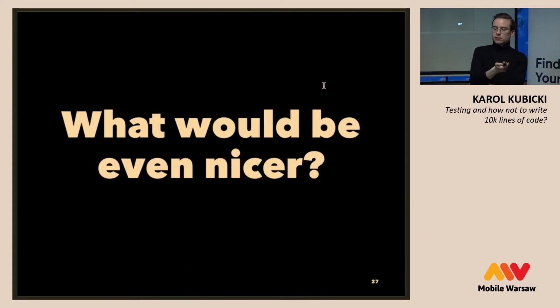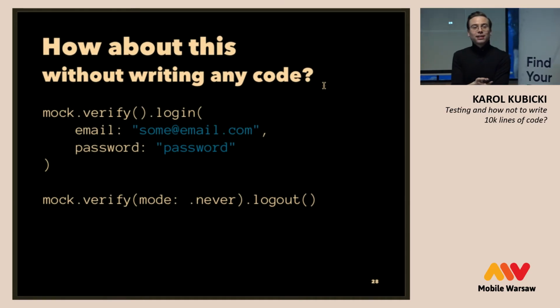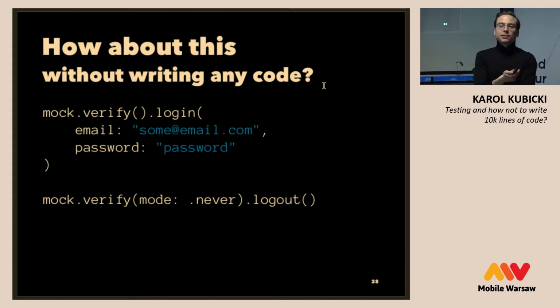What would be a nicer use case of this testing scenario? How about having this kind of code without writing any code? So now our mock has this verify method on which we can verify if login was called with email and password.